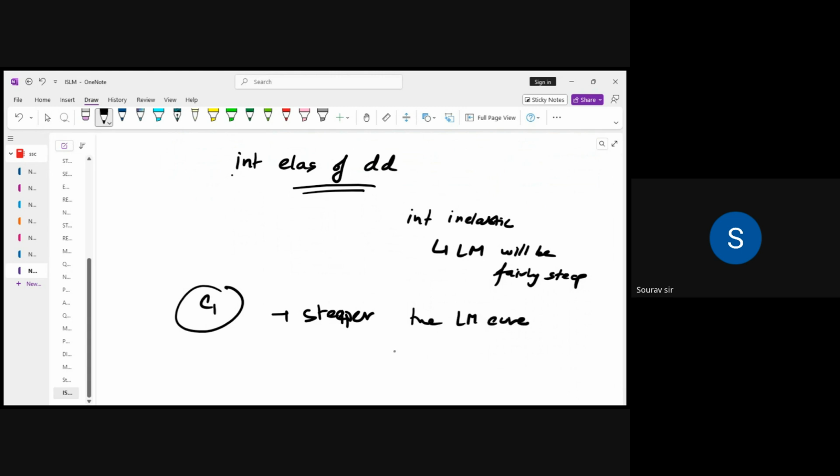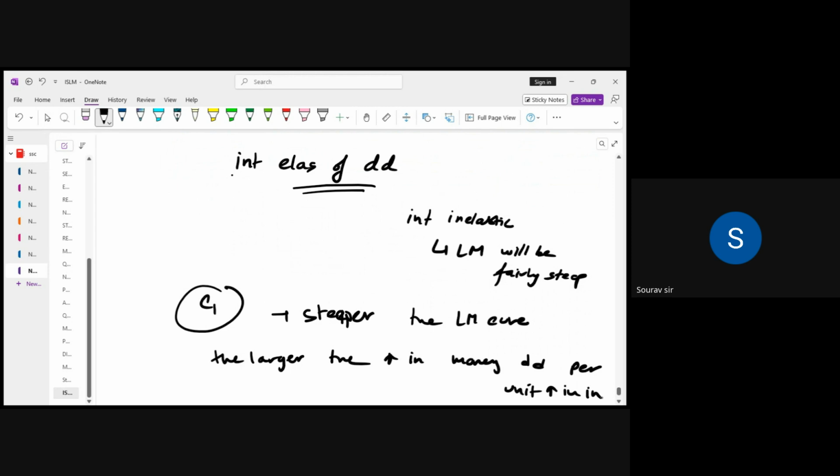Okay. So the reason is what? The higher the value of C1, the larger the increase in money demand per unit increase in income.